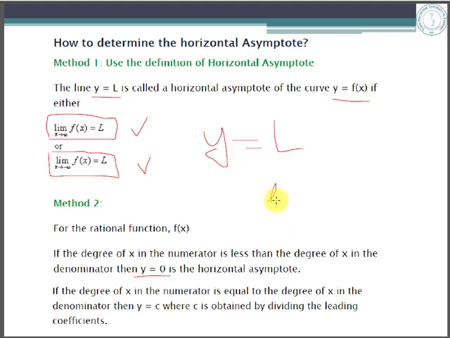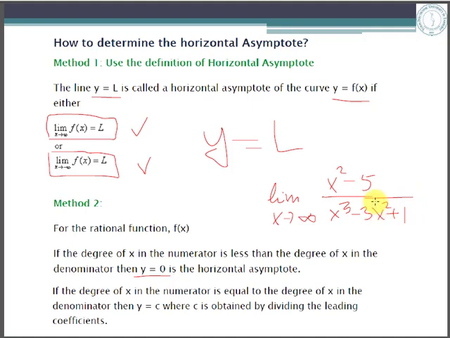For example, let's compute the limit as x tends to plus infinity of (x² - 5) over (x³ - 3x² + 1).